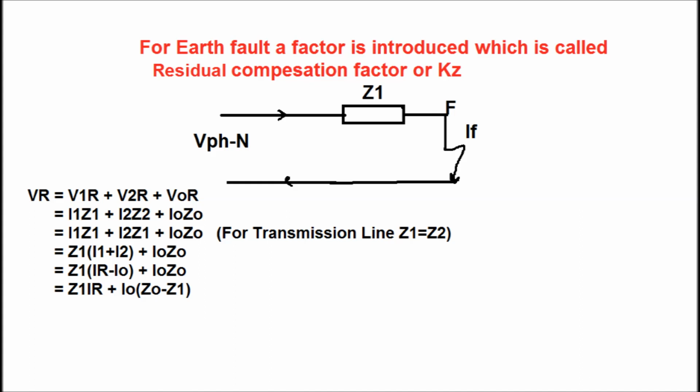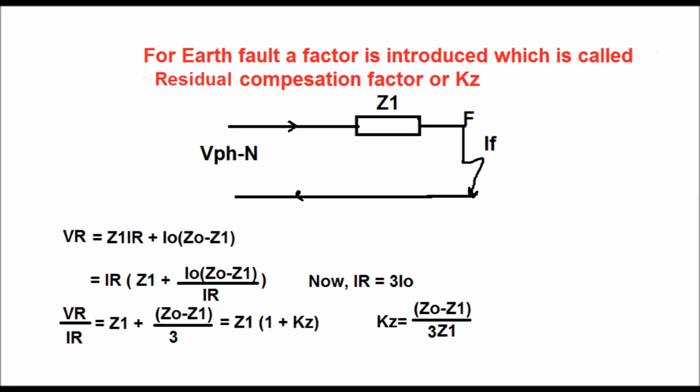Now VR is equal to Z1 into (IR minus I0), where I1 plus I2 is equal to IR minus I0, plus I0 into Z0, that is equal to Z1 into IR plus I0 into (Z0 minus Z1). Now VR is equal to Z1 into IR plus I0 into (Z0 minus Z1).